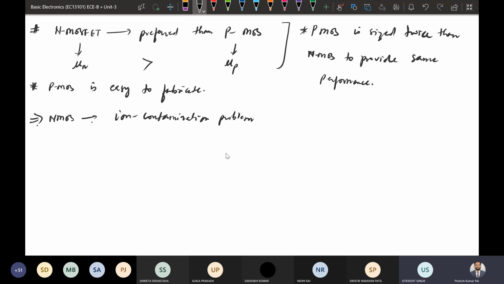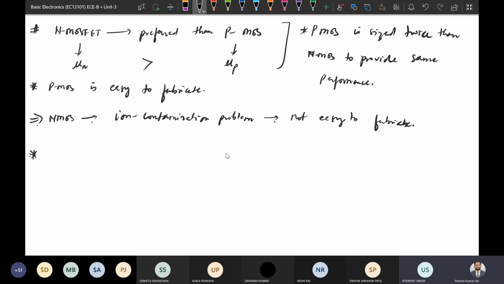That's why PMOS is considered to be easy to fabricate, and NMOS is not easy to fabricate. Okay, so the comparison can be made from here.